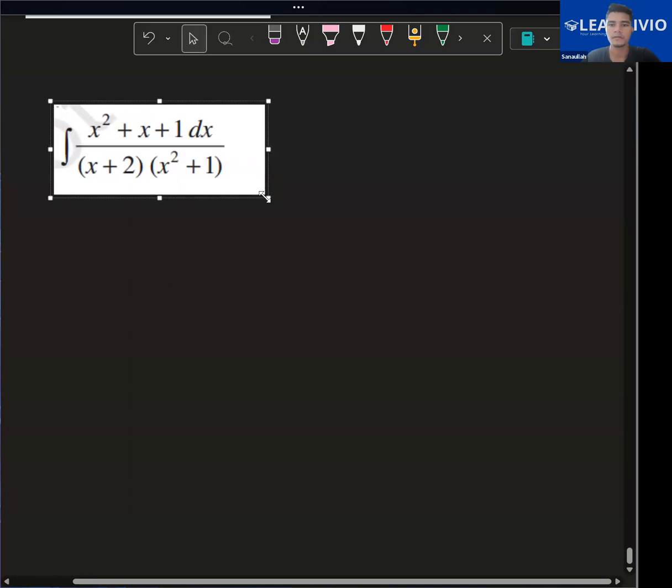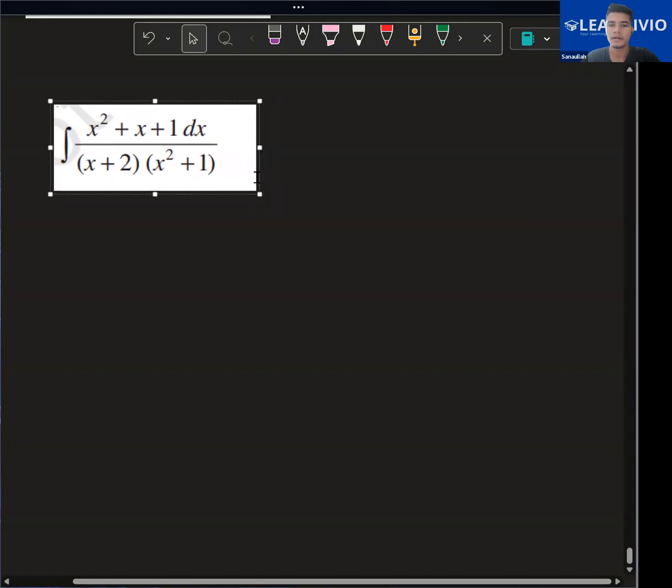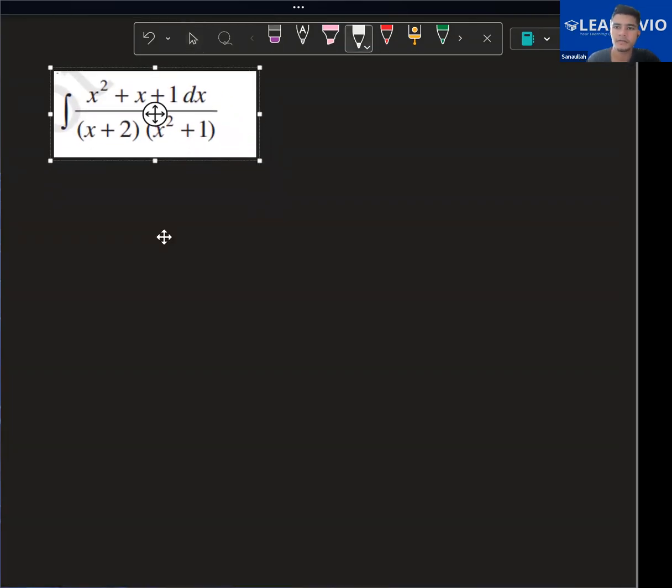So in this question, you have a quadratic in the denominator as one term, like x square plus 1. So how will you do this?